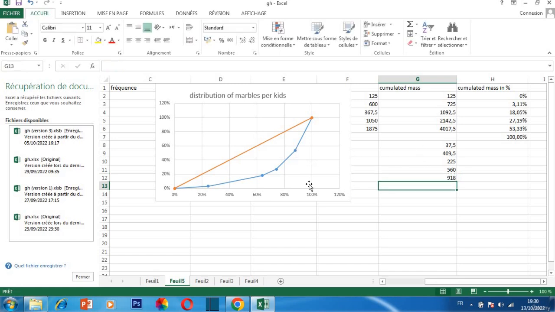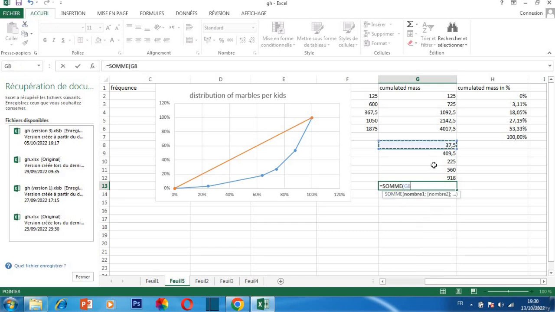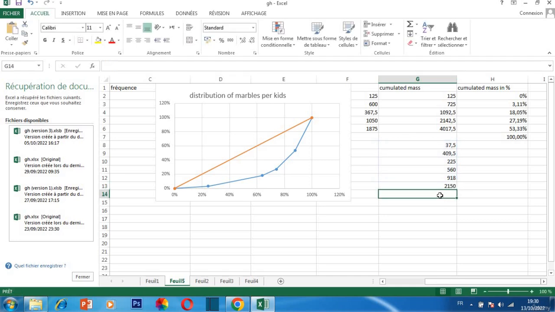So what we calculated here is the surface of this area right here. Now what we're gonna do is to know this area, which is important for us, we're gonna calculate the sum of it. Now we know the surface here is 100 multiplied by 100, so the surface right here equals the whole triangle minus the surface of this area right here.